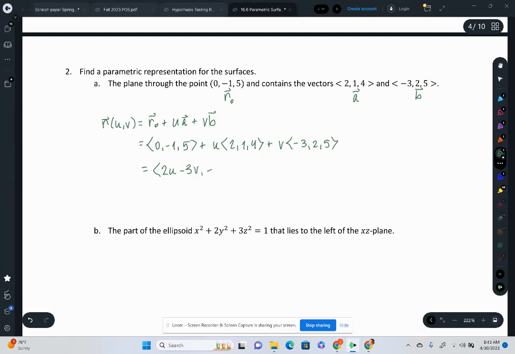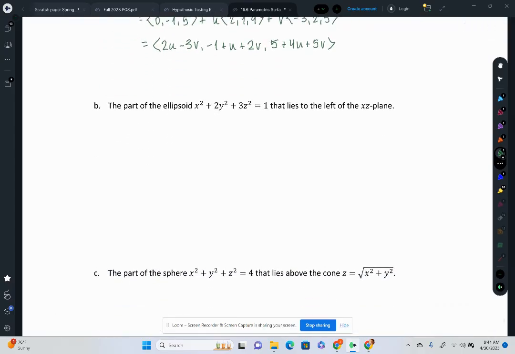The second component is -1 plus u plus 2v. The third component is 5 plus 4u plus 5v. And that's it. That's the equation of our plane. Not too hard there. As long as we have a point and 2 vectors, we're just plopping things in.